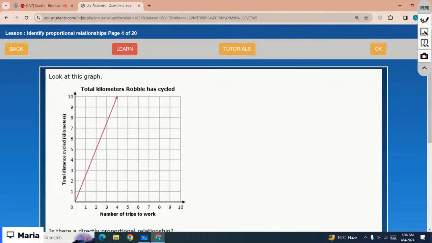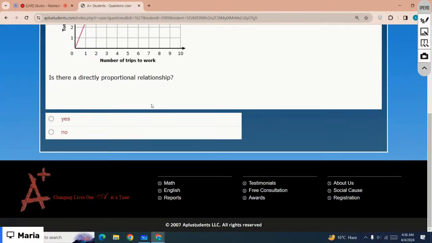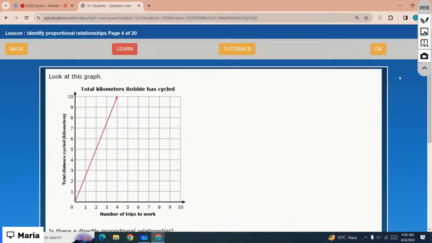The correct option is yes, it is, right? Look at this graph.